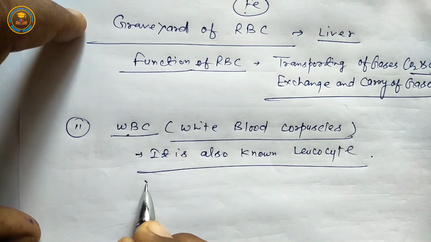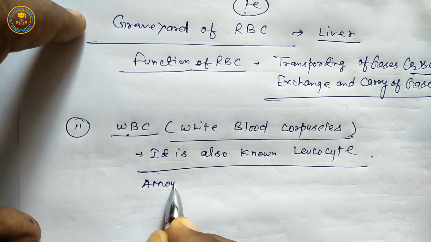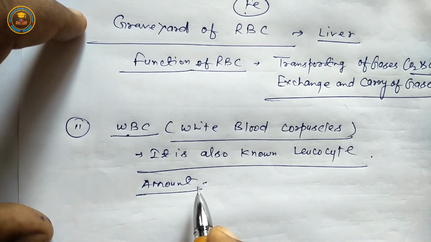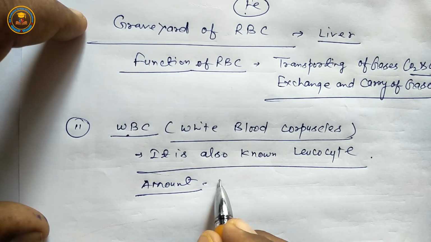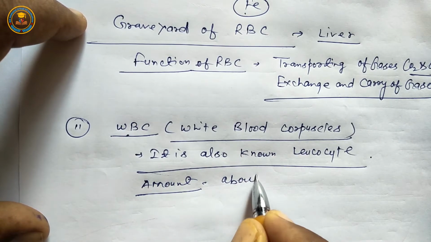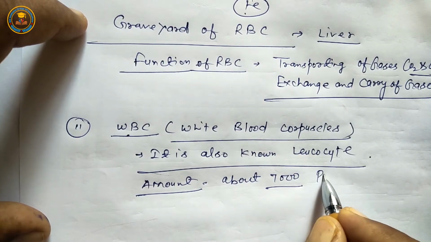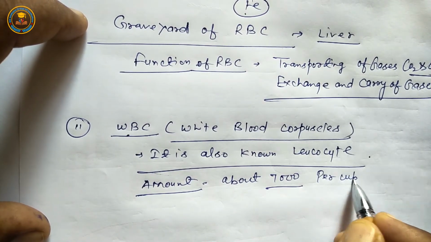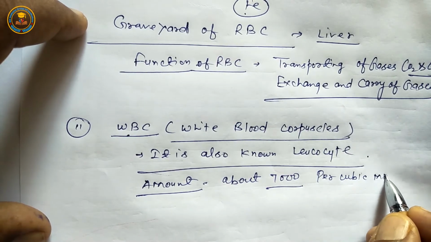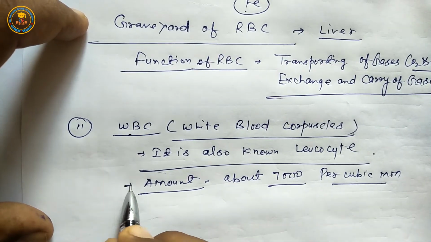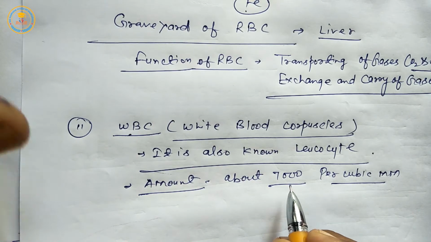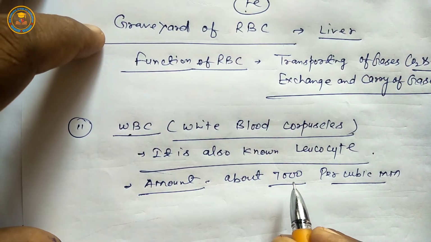Next, first is amount, about 7,000 per cubic millimeter.